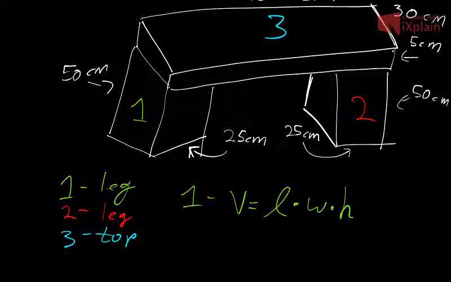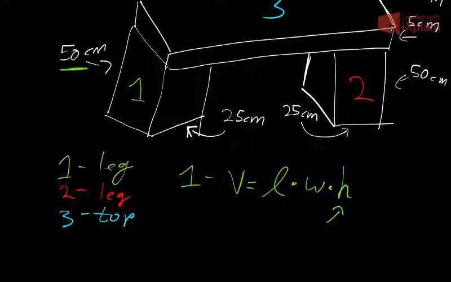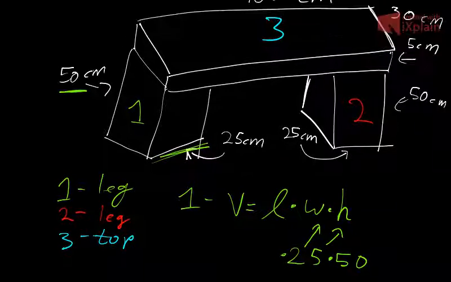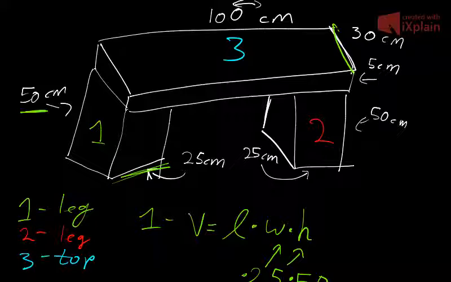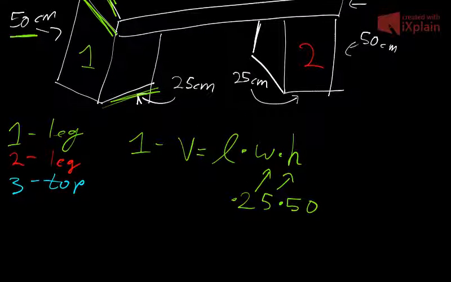So I know that the height is going to be 50 from right up here. So I can plug that in. I know my width is going to be 25 from right here. And I know my length all the way up here is actually going to be the same as this. So this 30 should be the same as this 30, which would be the same as this, which is 30 centimeters.